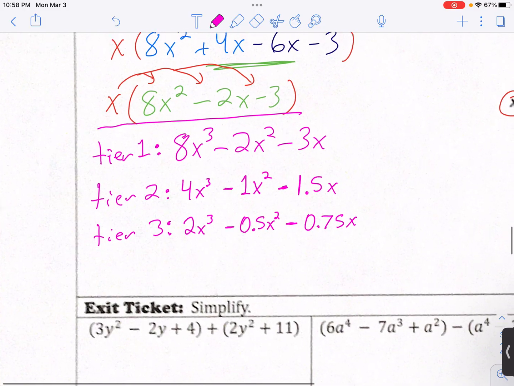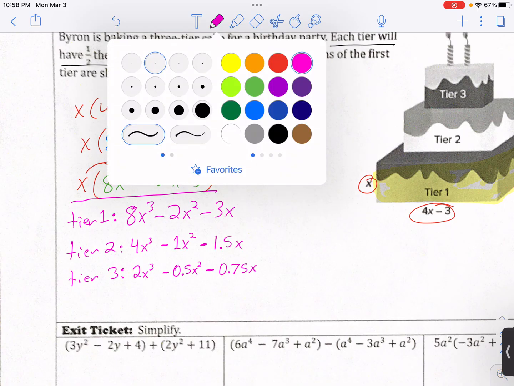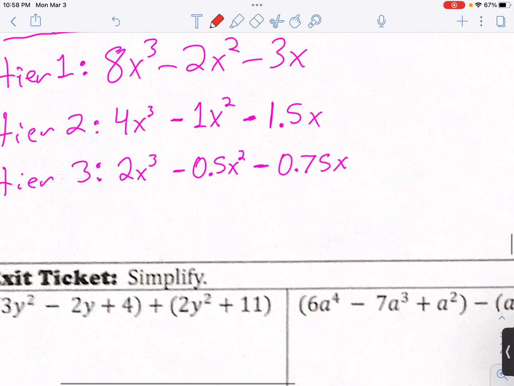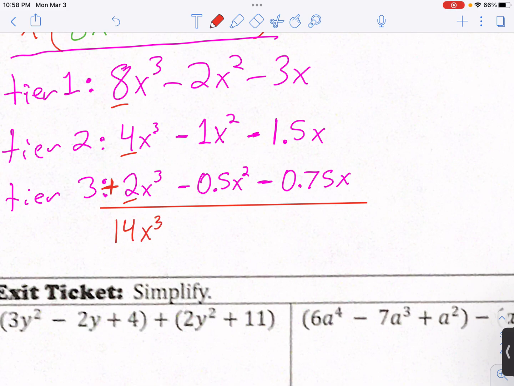All right, what we have to do now is, we found the volume for each layer. In order to find the total volume, all we need to do to finish this is add these guys all up and combine our like terms. So I'm going to add all these guys up. 8 plus 4 plus 2, this one should be the easiest. That's going to be 14x cubed.